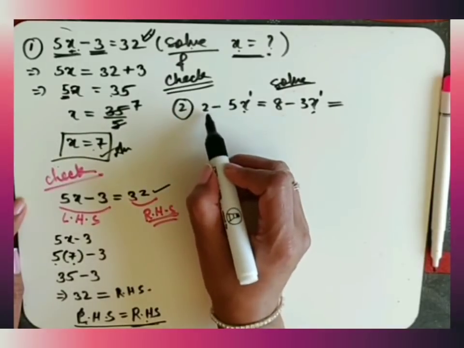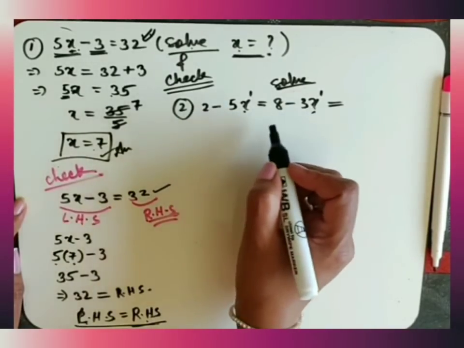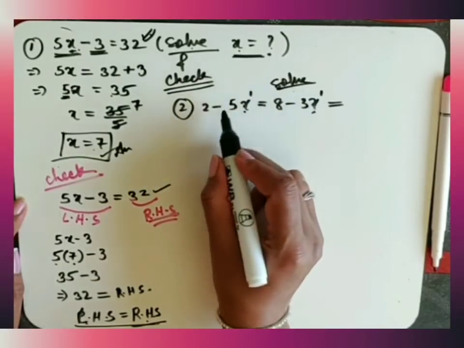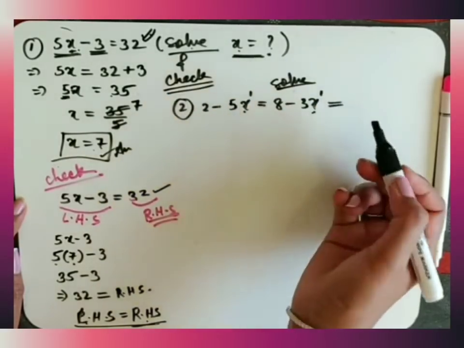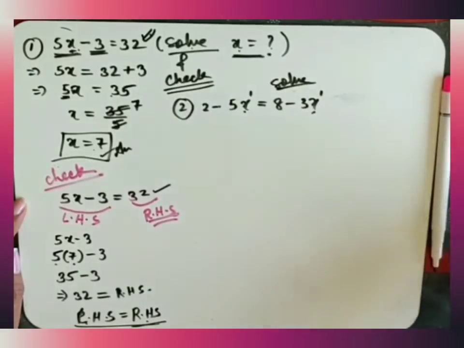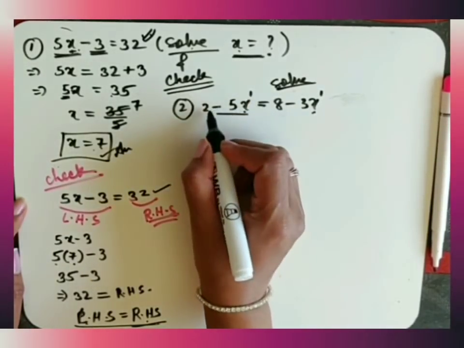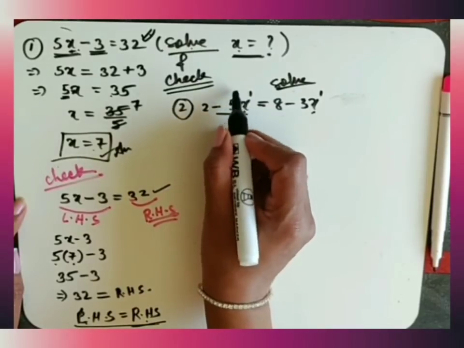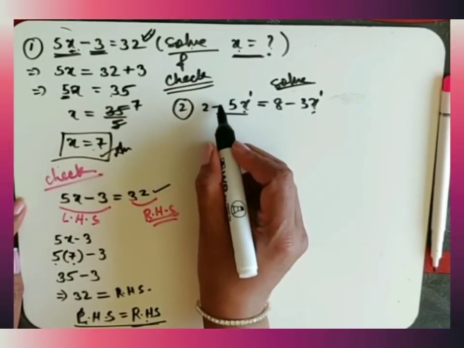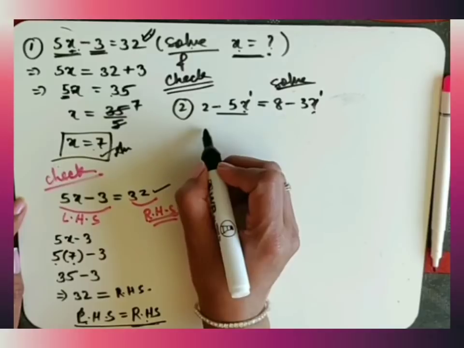This is not the standard form of the equation, so we have to arrange it. Bring all the x terms to one side and the constant terms to the other side. Here before the equal sign we have 2 minus 5x, so keep the x term, and don't forget to take the sign.